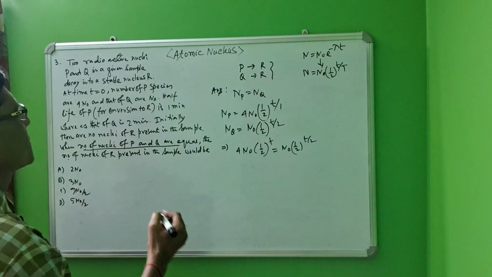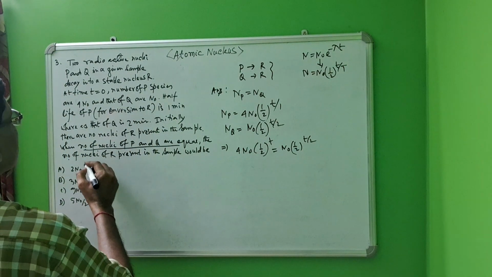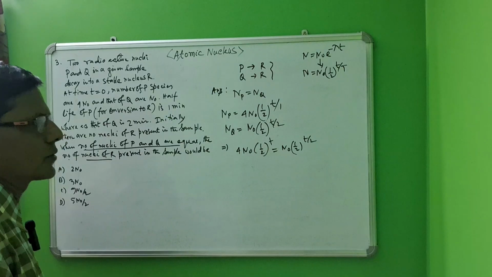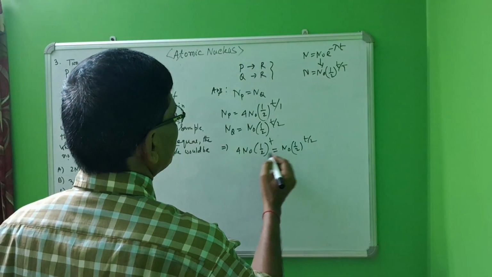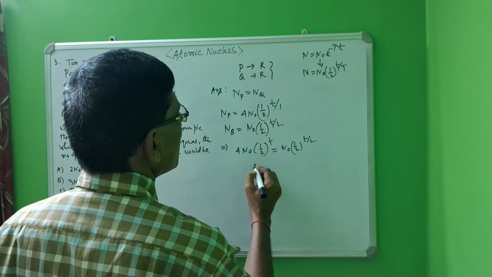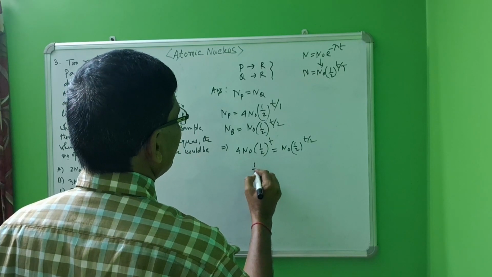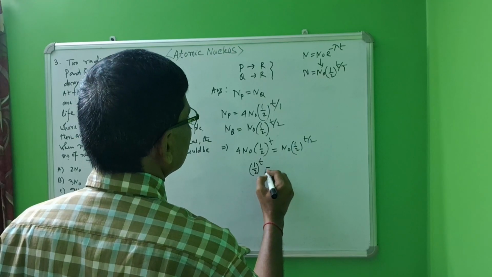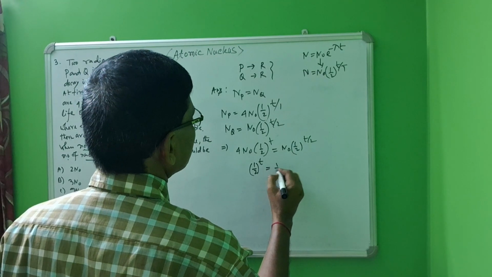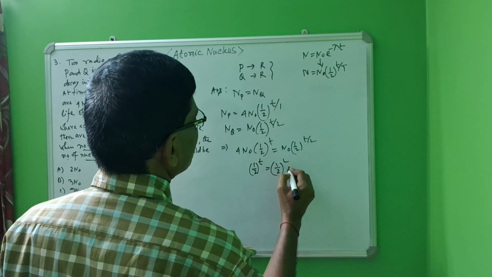What is the t? Well, t is the time at which NP equals NQ. So we can write (1/2)^t equals 1 by 2 whole square into (1/2)^(t/2) equals (1/2)^(2 + t/2).